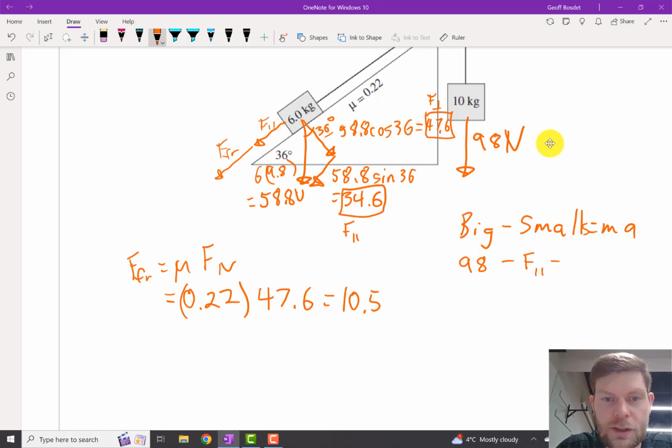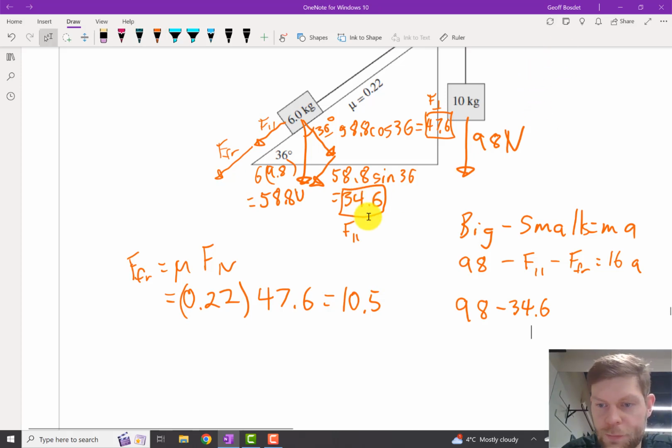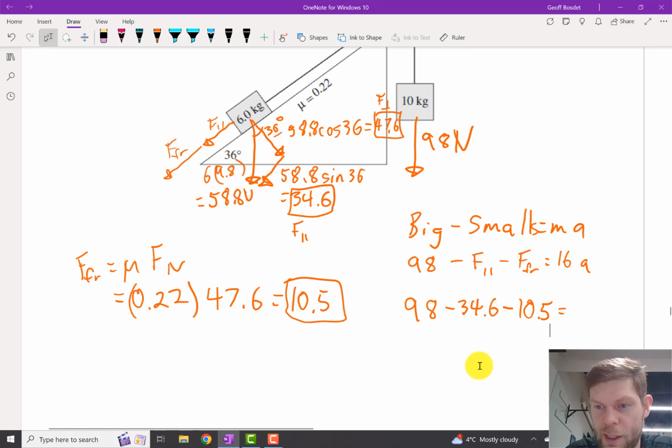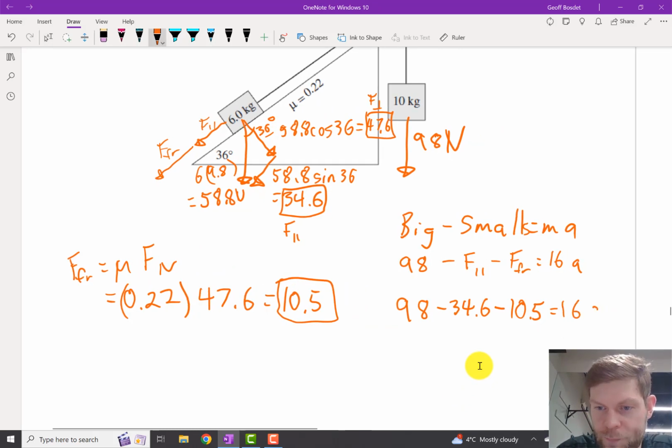And then minus force of friction equals our total mass, which is 16 times A. So we'll do 98 minus 34.6, which we found right there, minus an additional 10.5. This was our force of friction. That gives us our net force after we subtracted off the two forces pulling us back. That's going to equal 16A.